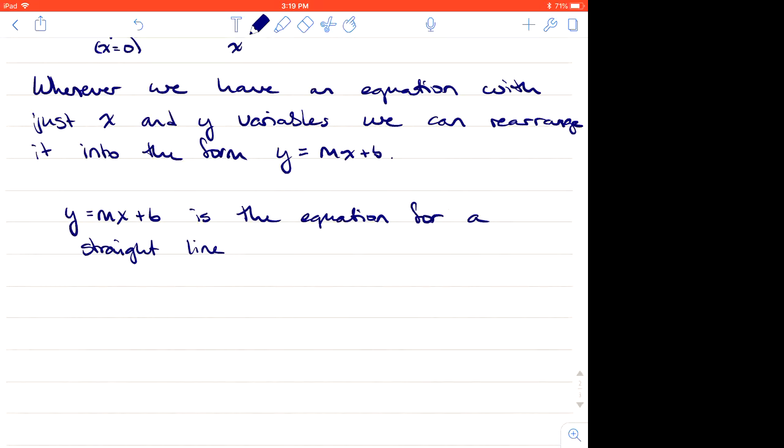And then an equation is an equation. So AKA a linear equation. When you see linear equation, I don't want you to get spooked. It's just the equation of a straight line, y equals mx plus b. Okay. Cool. Any questions so far?